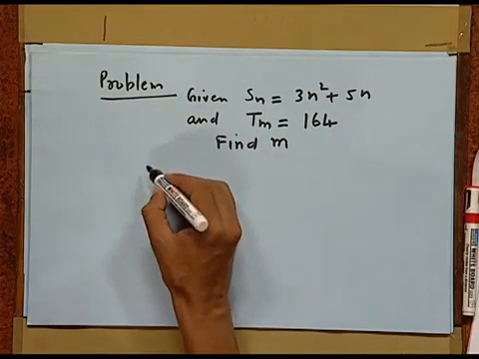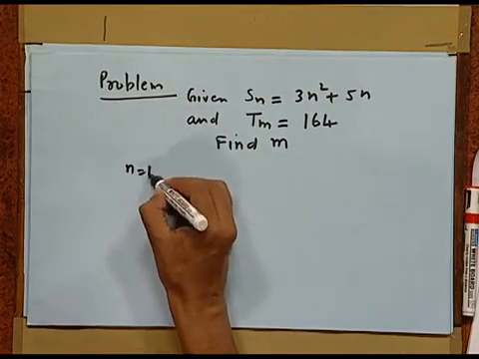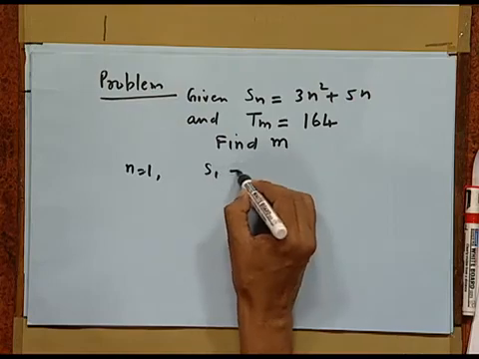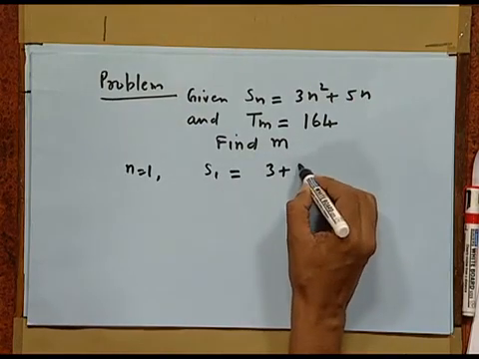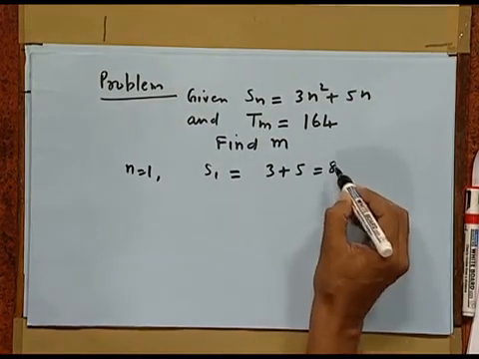Now apparently the series is not given directly, because at first sight we know neither a nor d, but we can find them easily. First of all, when we put n equal to 1, we get S1 is equal to 3 plus 5, that is 8. And S1 is the same as the first term.